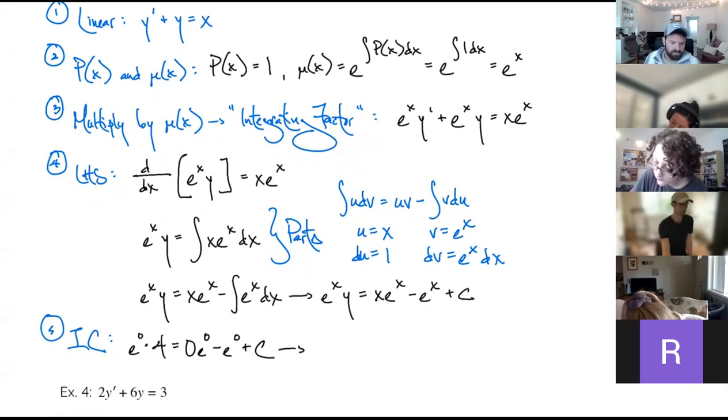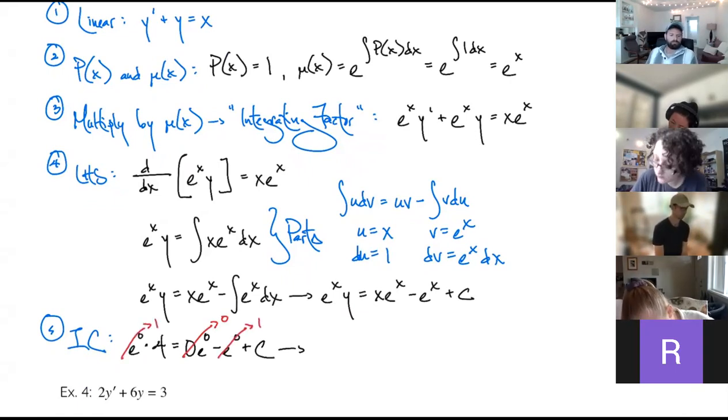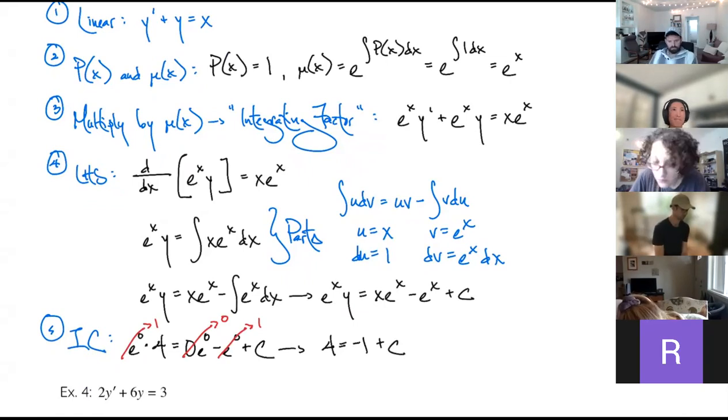Let's see what cleans up here. This goes to 0, this goes to 1, this also goes to 1. So I've got actually 4 equals -1 plus C. Right, so even though the general form of our solution looked kind of gross, because of the initial conditions, a lot of things made for a very nice C value of 5, okay?